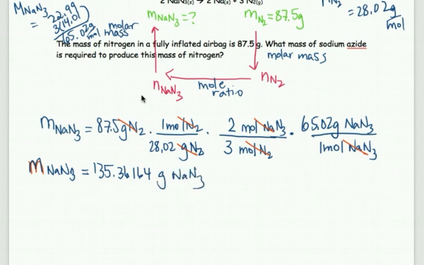Okay, and I'm going back to my question here, looking at 3 digits. So I want to round this to 3 digits like that. All right, and I'll write my therefore statement after I do the formula method.